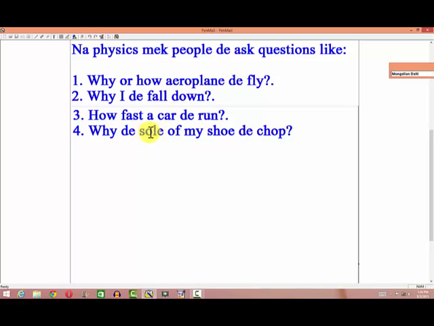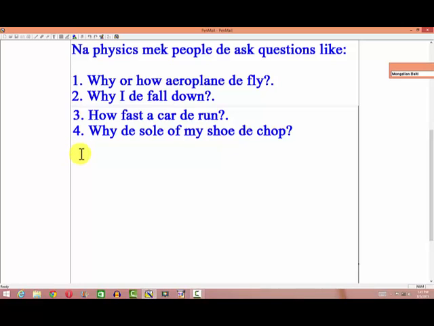Why the sole of your shoe chop, how they take chop, has to do with energy or the mechanism. So as you can see, physics is all about studying anything where you can see and how energy can be applied to it, how it concerns energy.